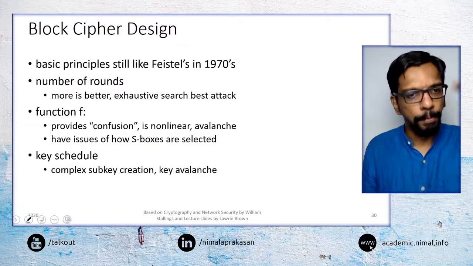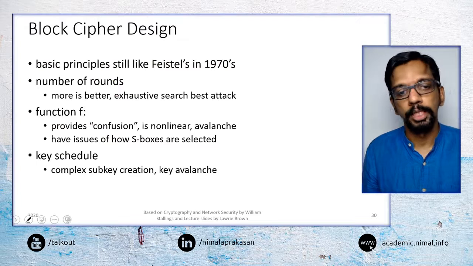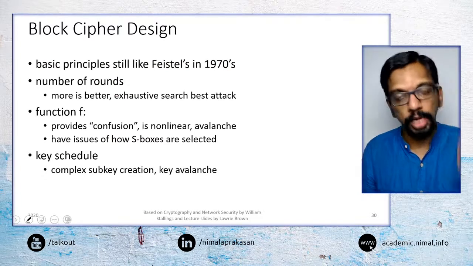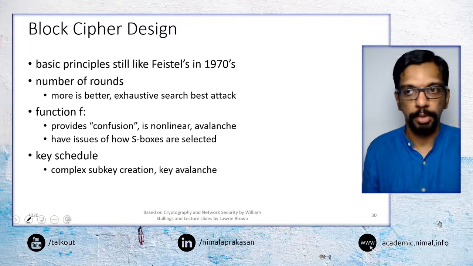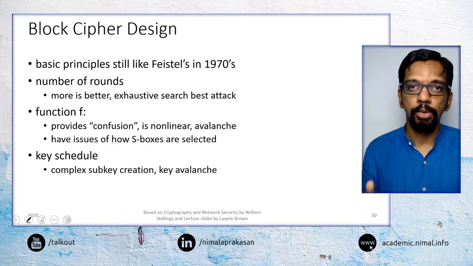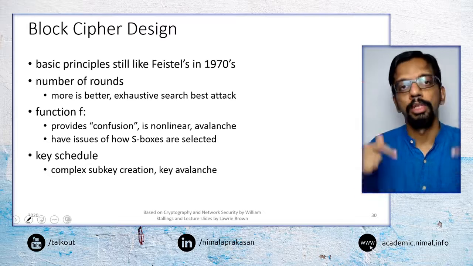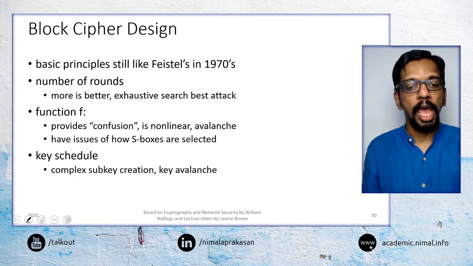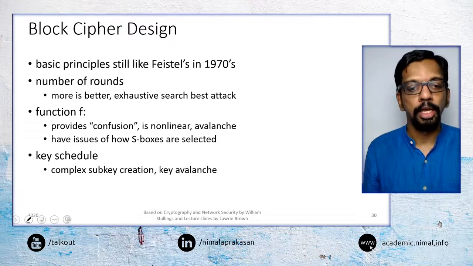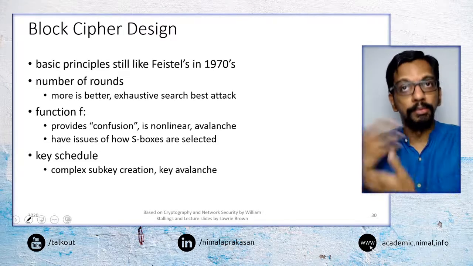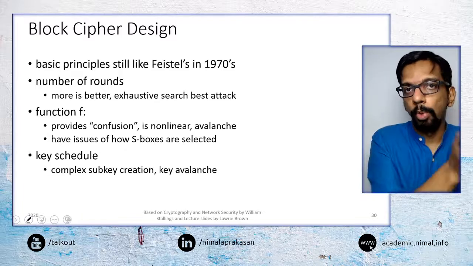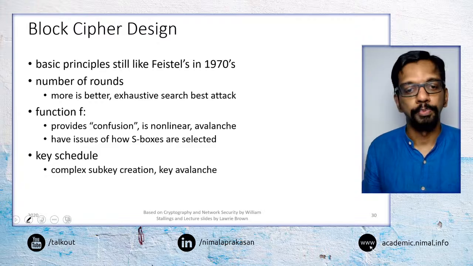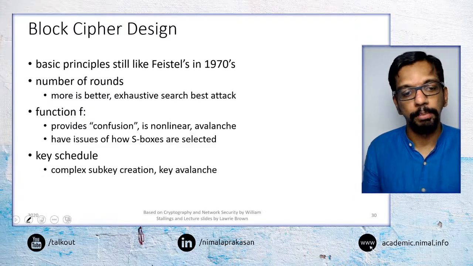So when we revisit the basic principles, as with Feistel structures, the more rounds that we can have in a block cipher, the better. If we have 16 rounds, and if we can have 32 rounds, that would be even better, because we will do more confusion, more substitutions. And by adding confusion, we get nonlinear avalanche results. So small changes result in bigger changes in the ciphertext, and we use substitution boxes for that purpose.